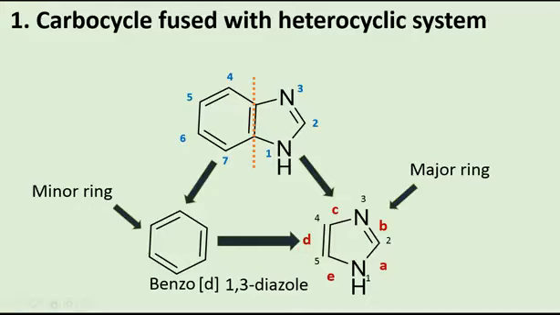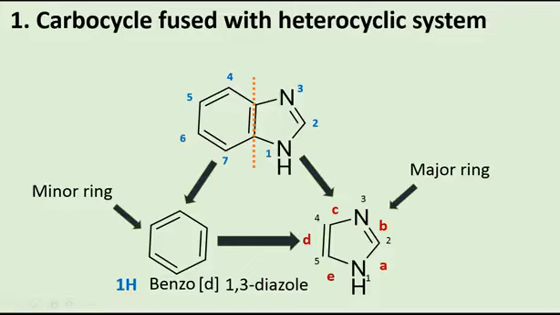So we represent carbocycle fused with heterocyclic system like the substituent or the minor ring here, and then the major ring, and in between, in the square brackets, we mention the bond across which the fusion has happened. And because in case of benzimidazole, we have at one position H, one H is also mentioned over here.